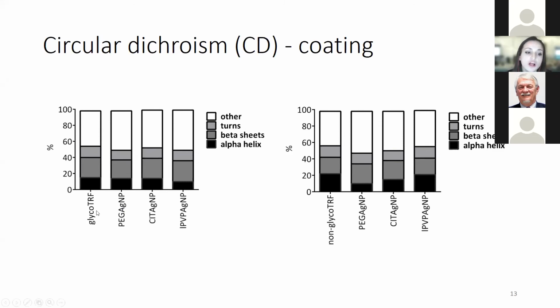For example, glycosylated transferrin did not show any structural difference with attachment to PEG nanoparticles, whereas non-glycosylated did.